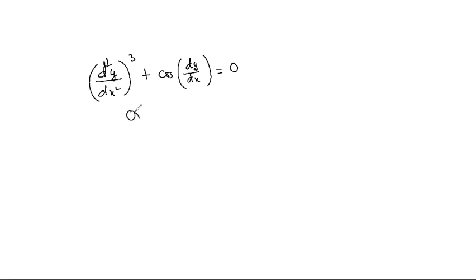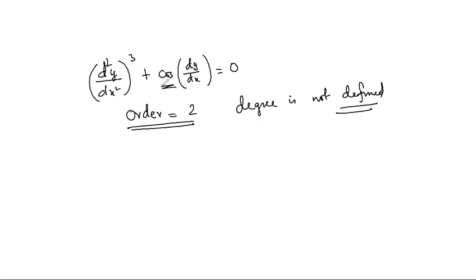This has got order 2 because the derivative is done 2 times, but degree is not defined. Why degree is not defined is because of this cos of dy by dx. You cannot express it as a polynomial, therefore its degree cannot be defined.